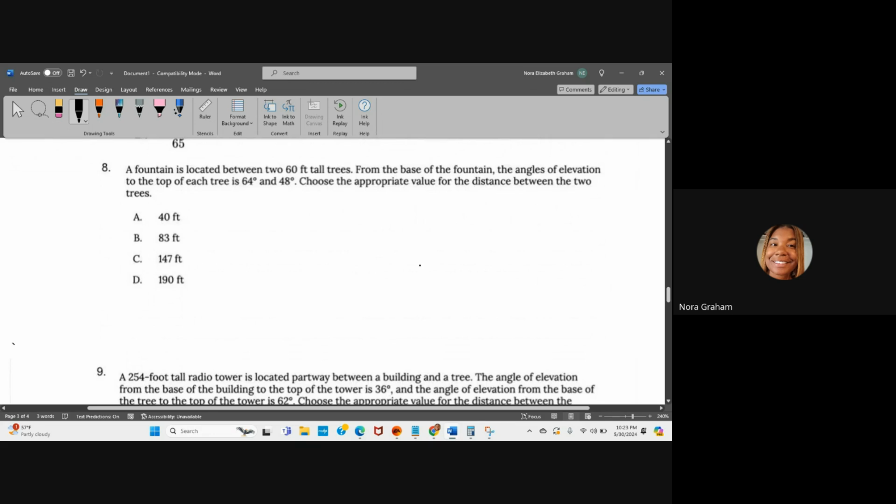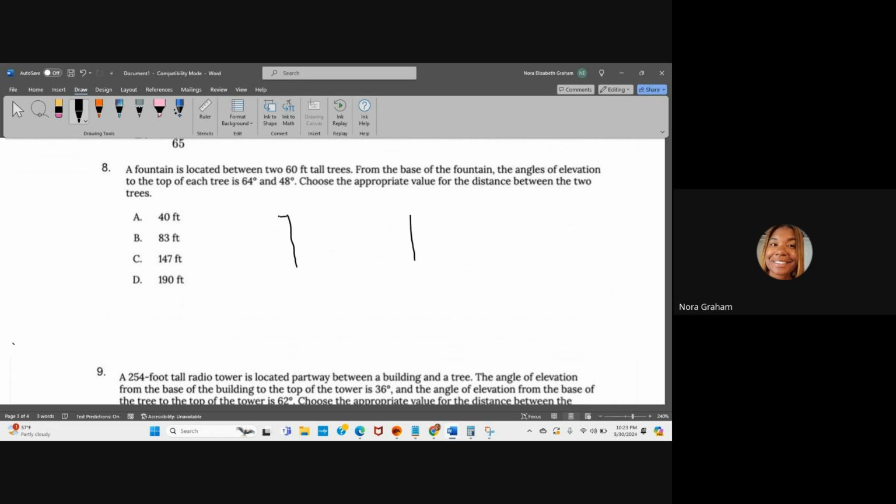For 8, a fountain is located between two 60 feet tall trees. From the base of the fountain, the angles of elevation to the top of each tree are 64 degrees and 48 degrees. Choose the appropriate value for the distance between the two trees. When they give you something like this, it's always best to draw something out so you can envision what's going on.